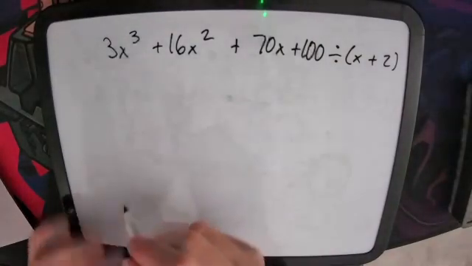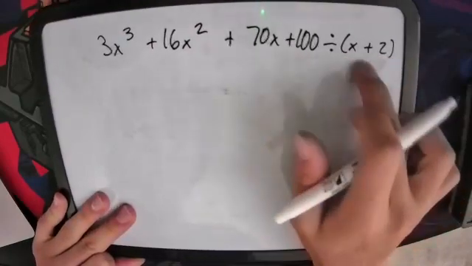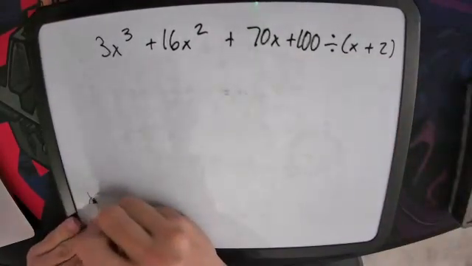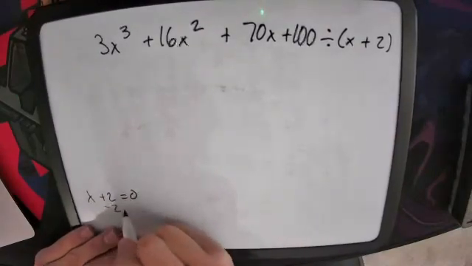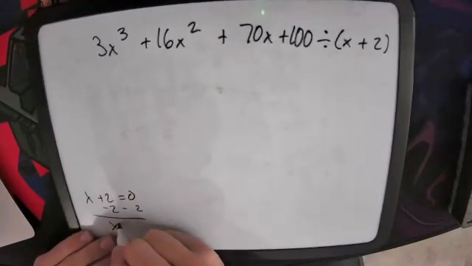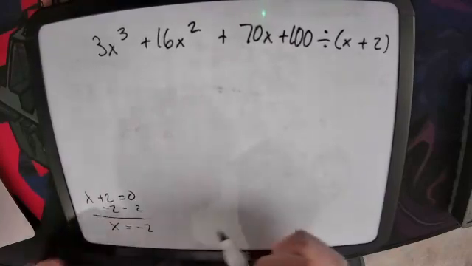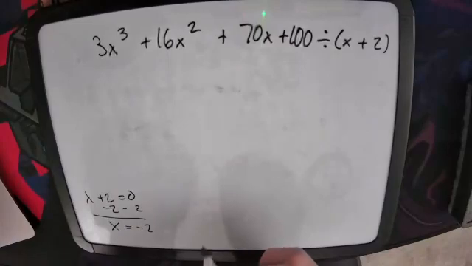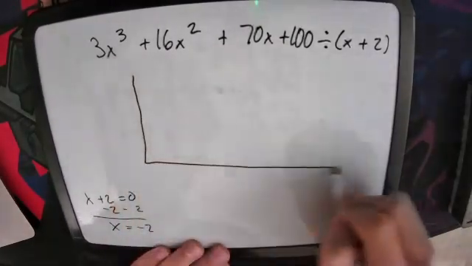So first, we got to find the 0 for this binomial expression. So we have x plus 2 equals 0, minus 2 minus 2. So x is going to be equal to negative 2. Now, we have to draw sort of like a transformed L. It's very silly.